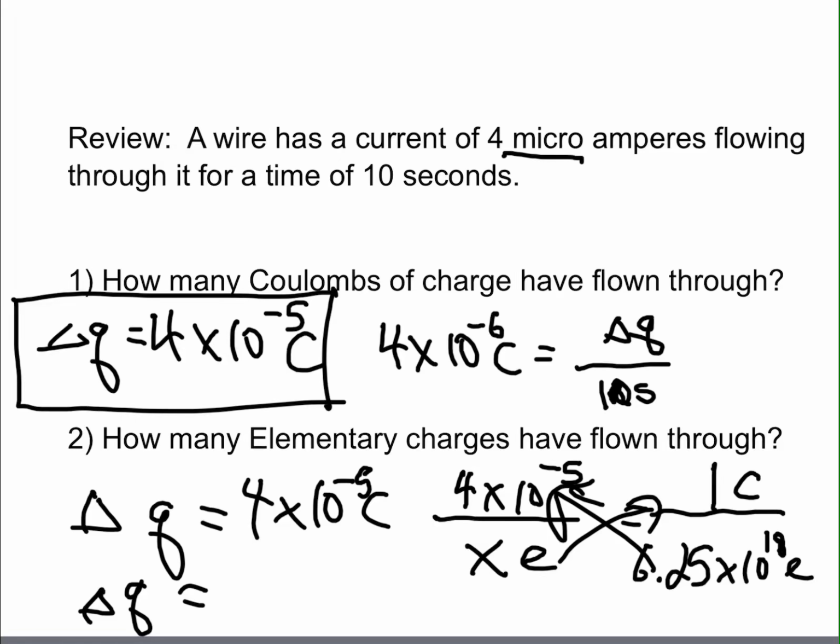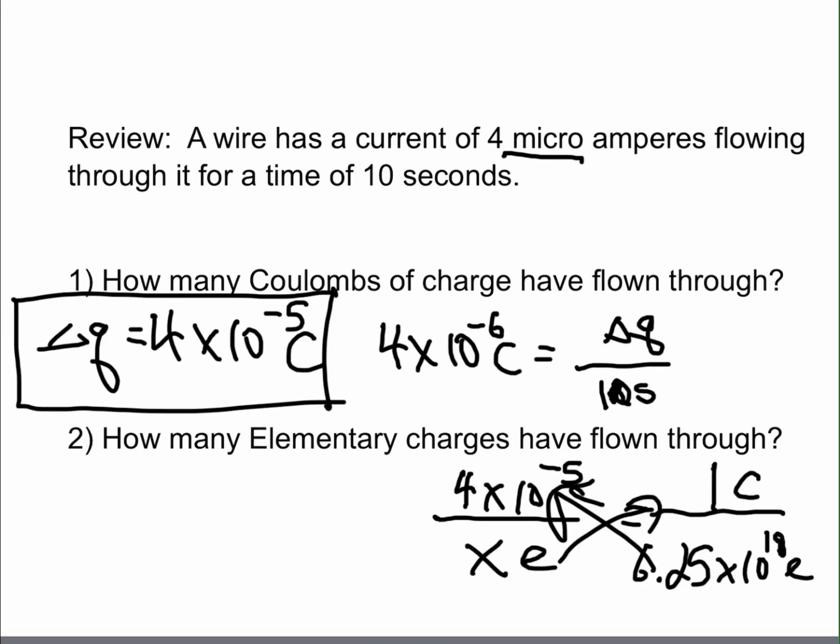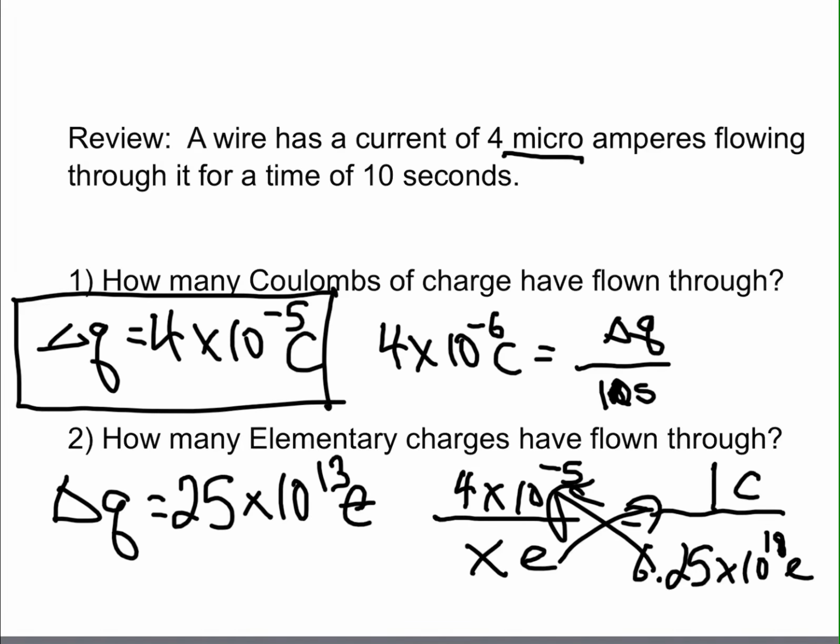You're going to cross multiply, and ultimately you're going to end up with a charge, in terms of elementary charges, of, I'll give you a second or two. We got a charge of 25 times 10 to the 13th e.